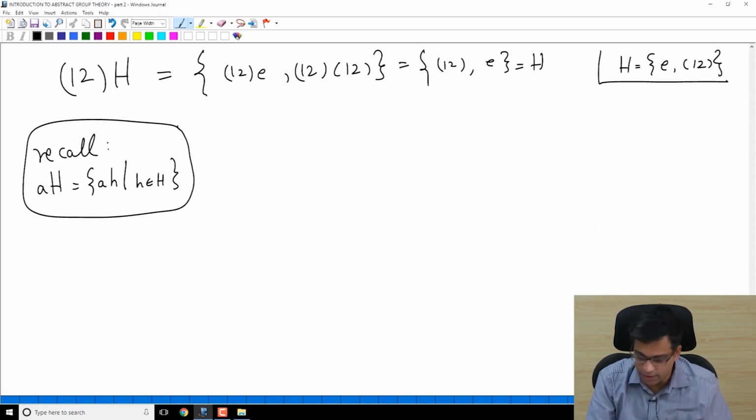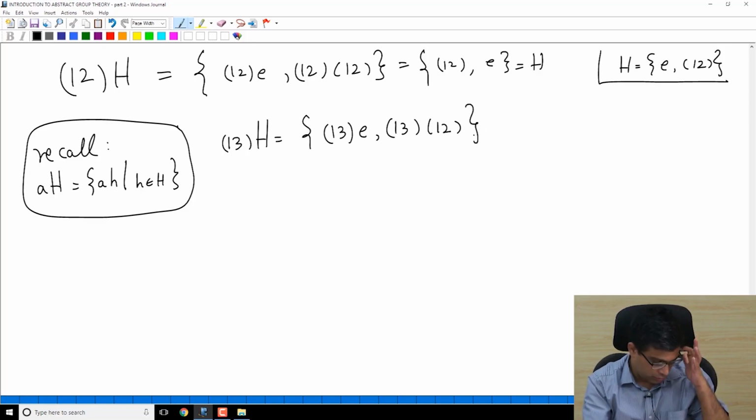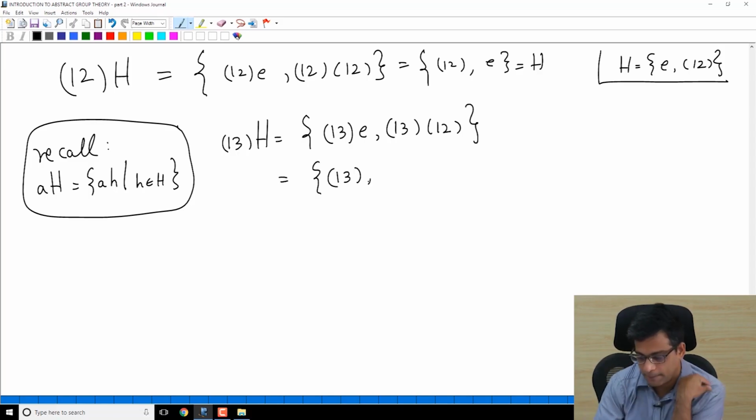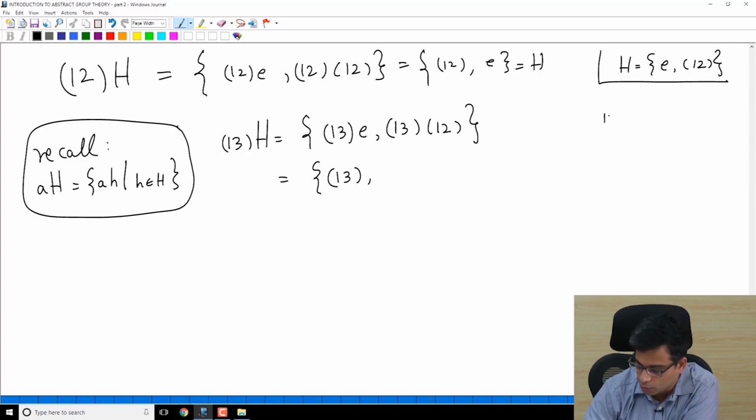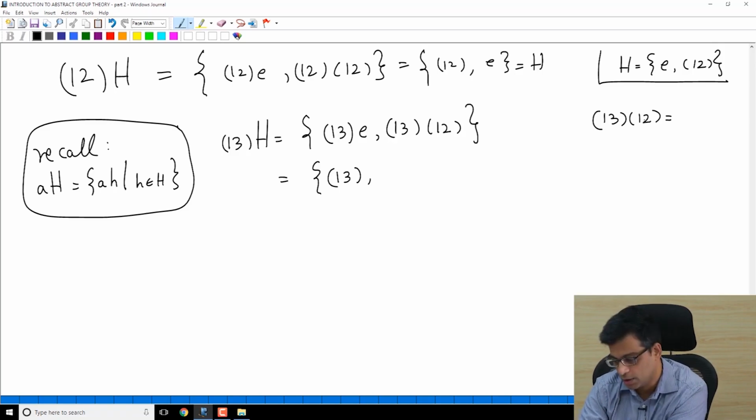Now let's compute (1 3)H. What is (1 3)H? (1 3) times E and (1 3) times (1 2). (1 3) times E is (1 3) because E is the identity. What is (1 3) times (1 2)? I am going to use the same procedure that I described earlier, and you have to do this repeatedly if you are new to this to get used to the product of cycle notation. You put a bracket, put 1.